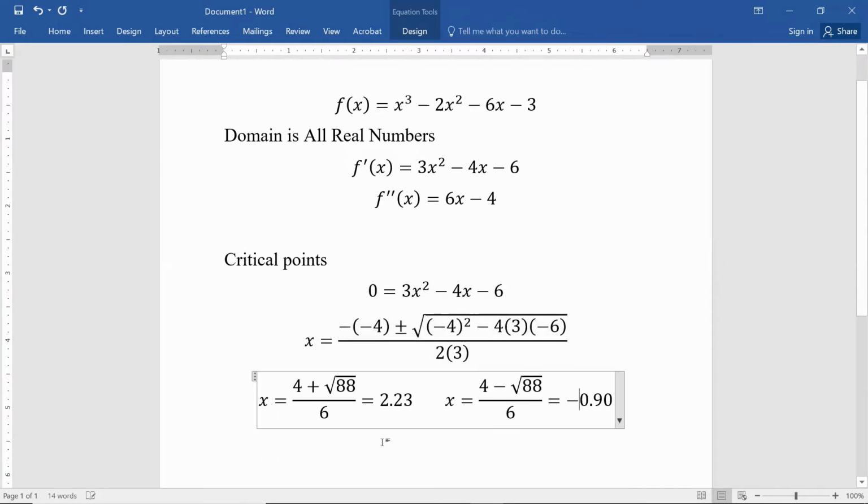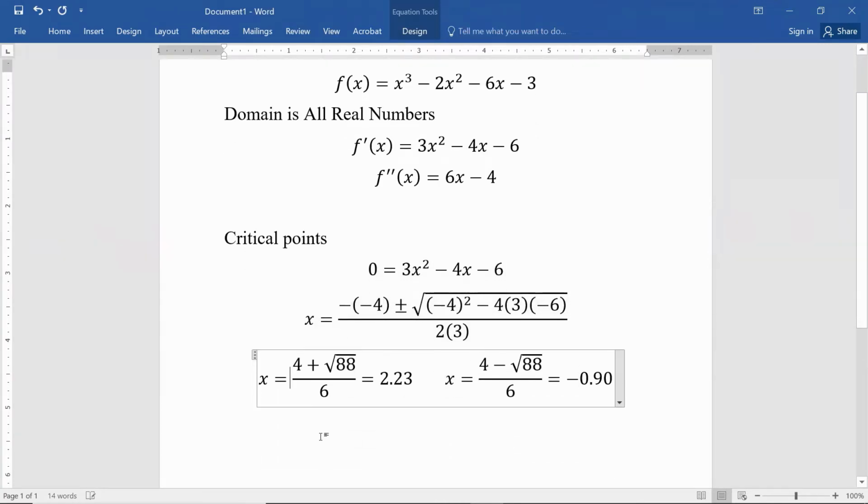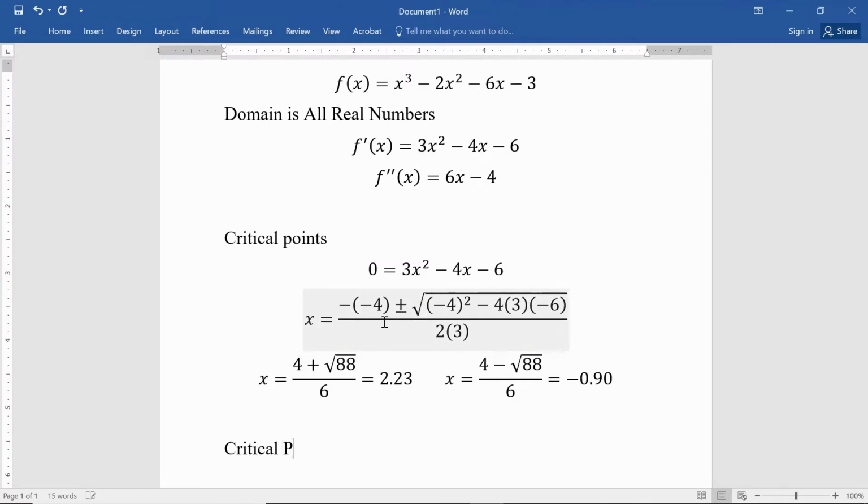The critical points I would get by plugging those numbers into my original function. So my critical points: one of them I know has x value approximately 2.23.